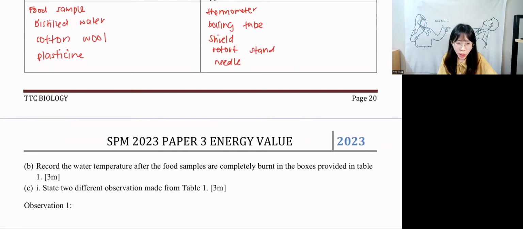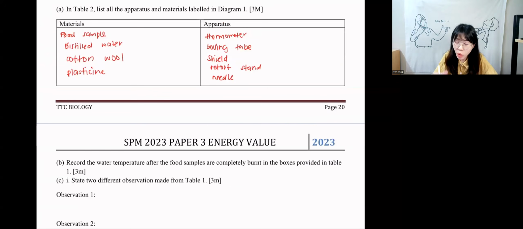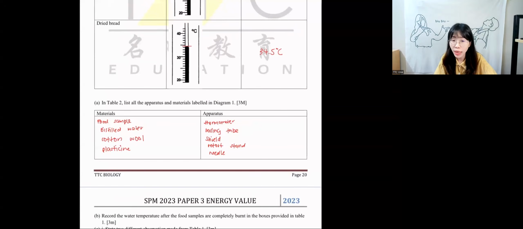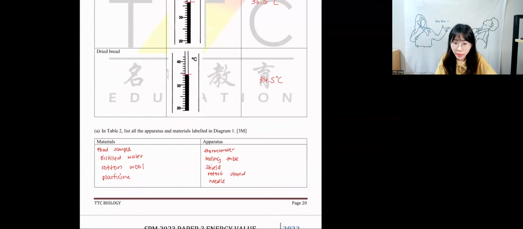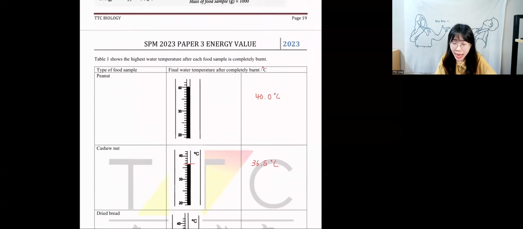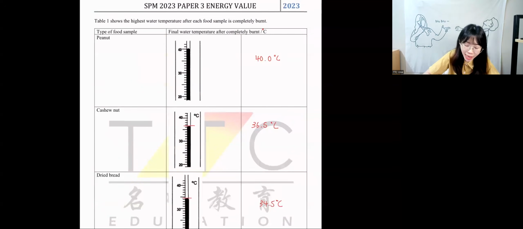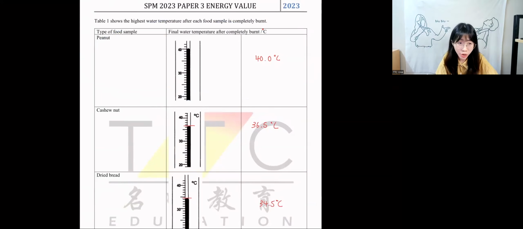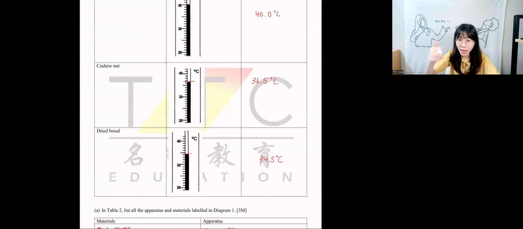Okay, next. State two different observations made from table 1. How do we write observation? If you want to write two observations, what do we choose? Bunsen burner is also under apparatus. We have to choose the highest and lowest value. So we have to write MV, RV with the value.